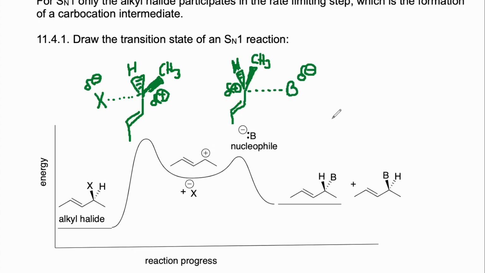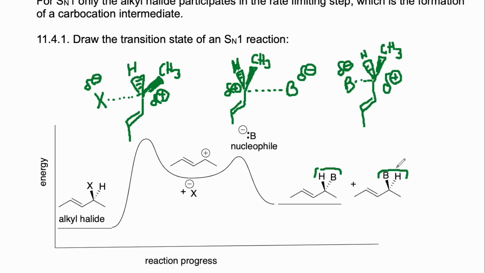So this next transition state shows the nucleophile coming in a second step. So this cation is flat. I have the nucleophile coming in from the opposite end, so that would create this inverted stereocenter. However, since the carbocation is flat, we could also have it come in from the same side that the leaving group just left from, and so that would give the stereocenter looking the same.